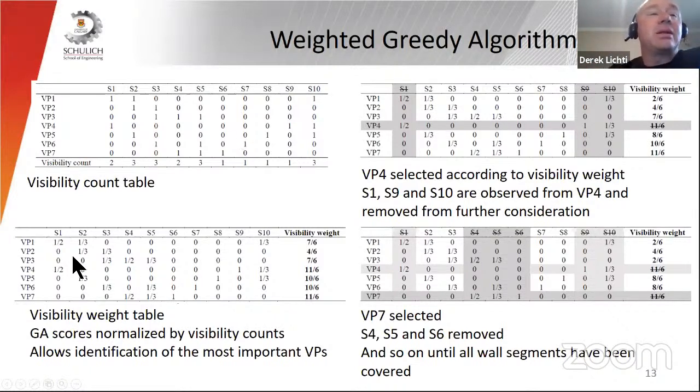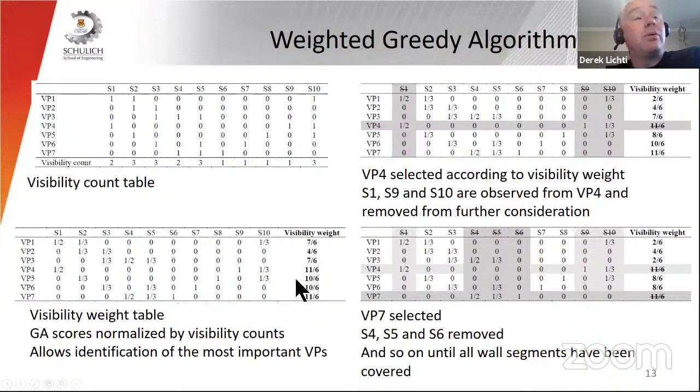And what that does is it places priority to certain viewpoints, because you can see that some walls can only be covered from one particular viewpoint. And so therefore, perhaps that viewpoint should have higher priority because it's more important to covering the full environment. And so then we sum up all those normalized scores as the visibility weight.